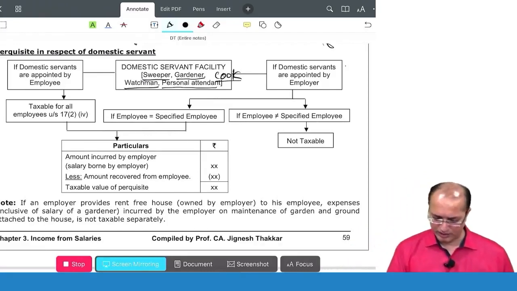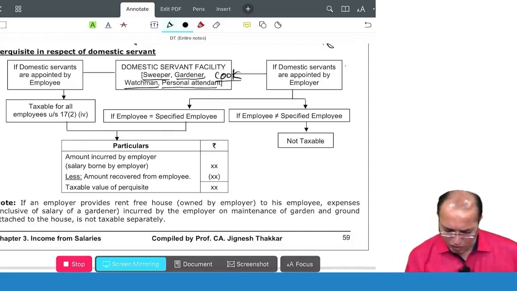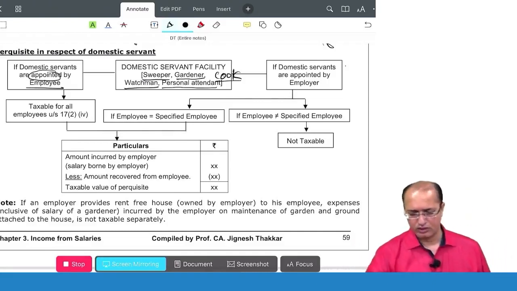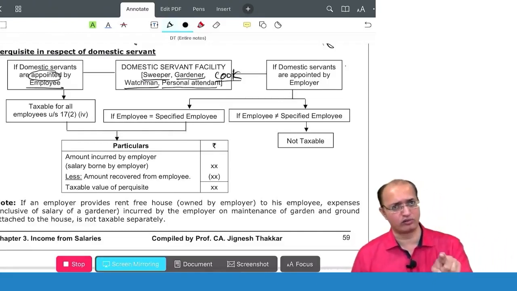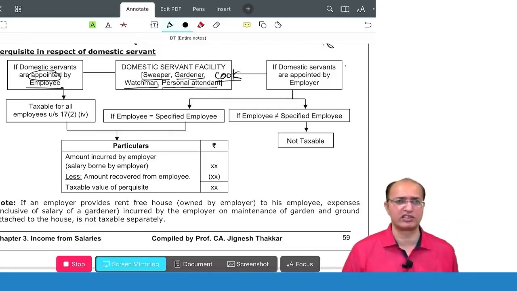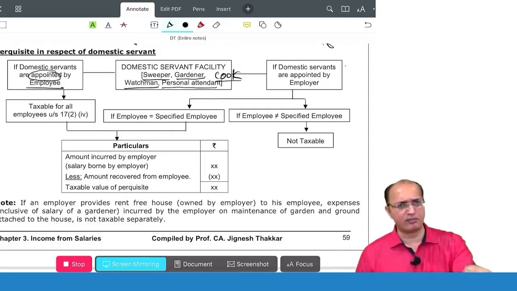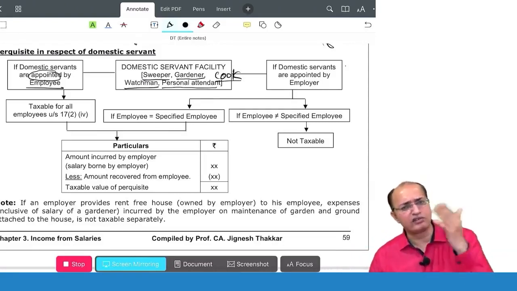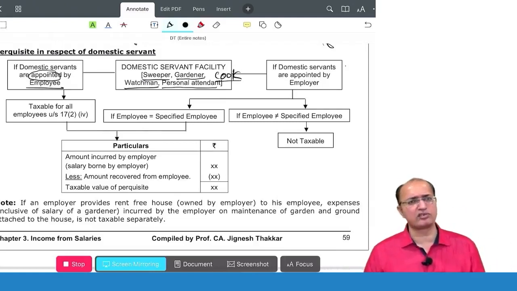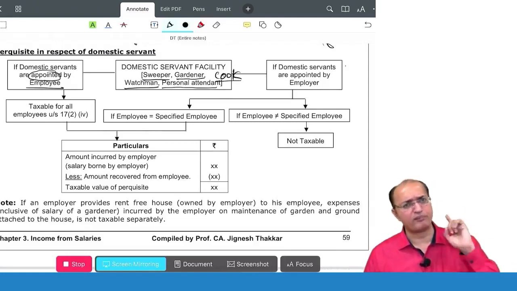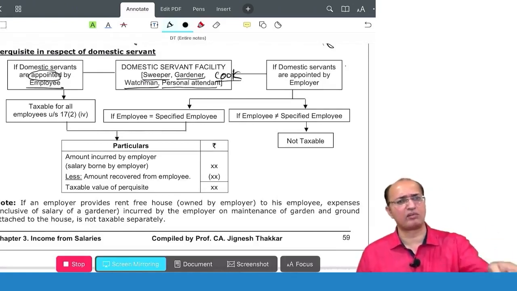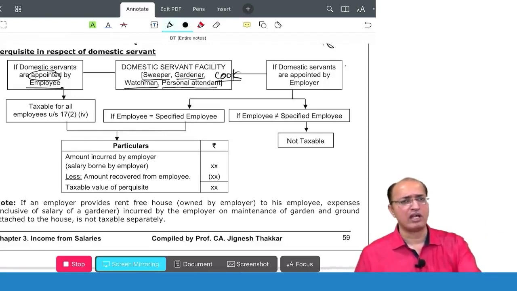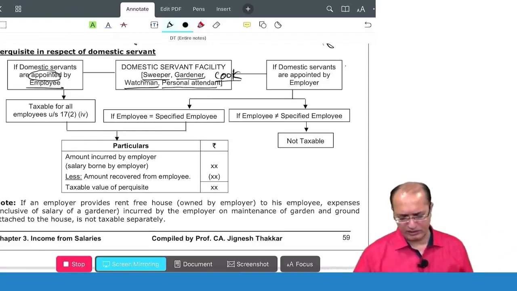Now there are two possibilities. Possibility number 1, these domestic servants are appointed by the employee. Say for example, you are residing in your own house. In your house you have appointed a domestic servant. It is your obligation to pay the salary to the domestic servant. What if your employer is paying the salary to the domestic servant directly, or you are paying the salary and thereafter the employer is reimbursing that salary?